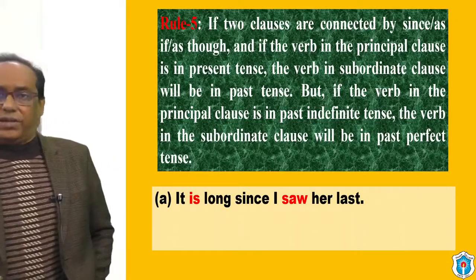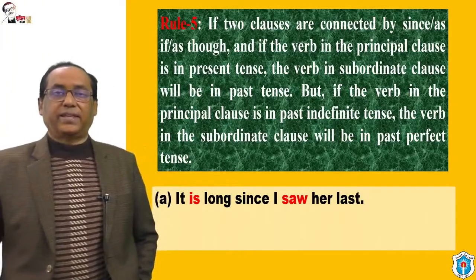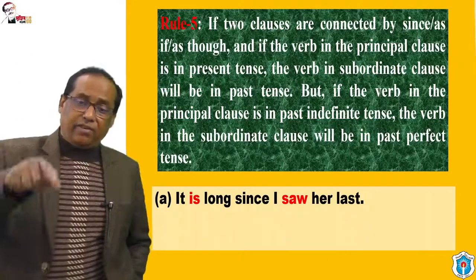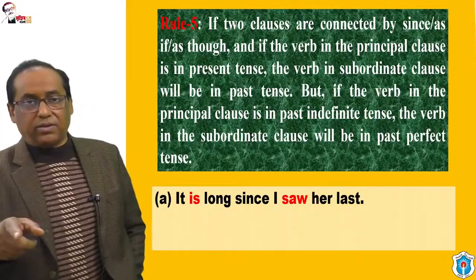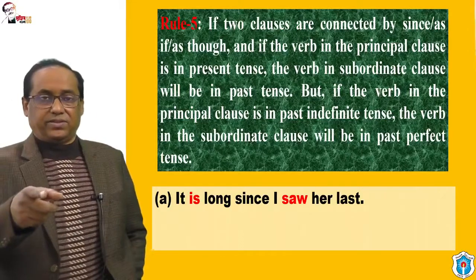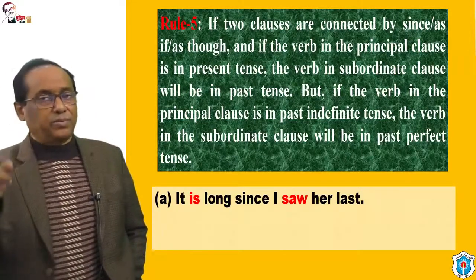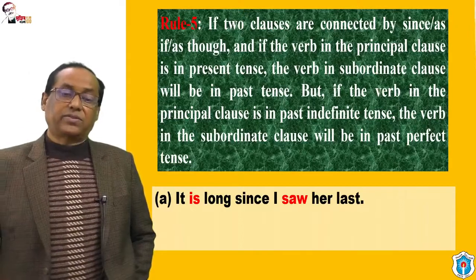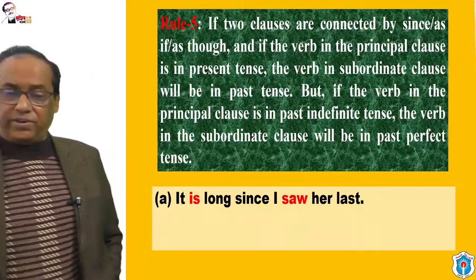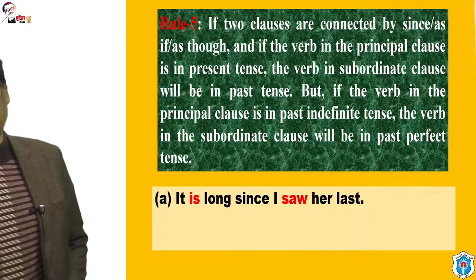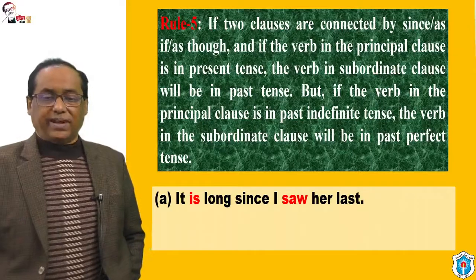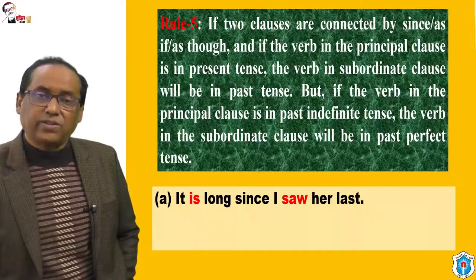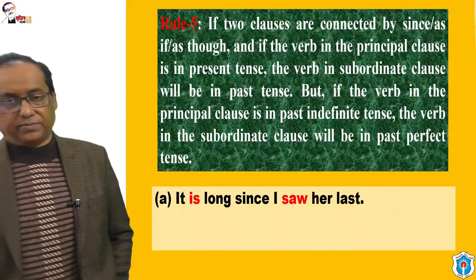If two clauses are connected by since, as if, or as though, and if the verb in the principal clause is in present tense, the verb in the subordinate clause will be in past indefinite tense, or simple past. Okay, you can see in the slide past tense, but specifically past indefinite tense or simple past.